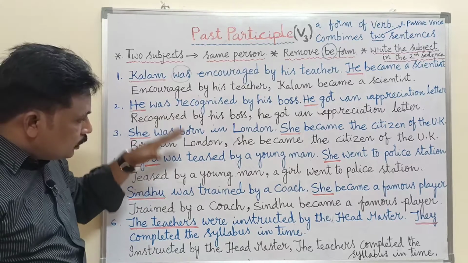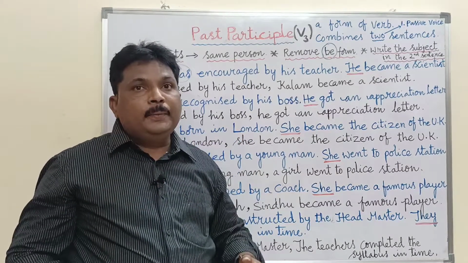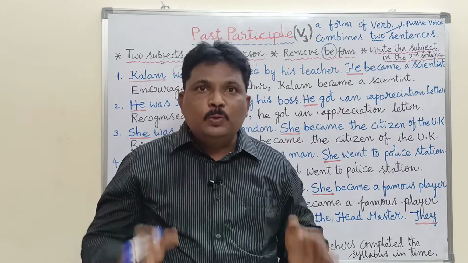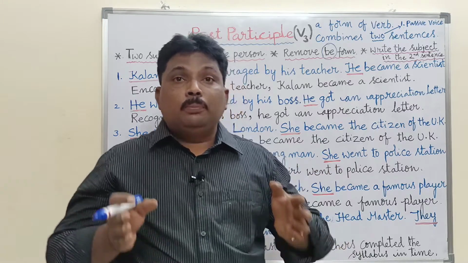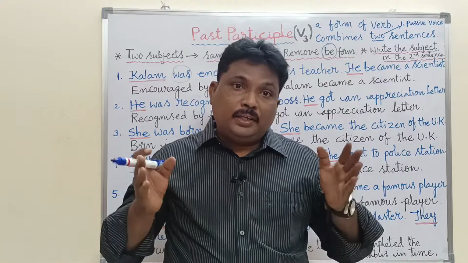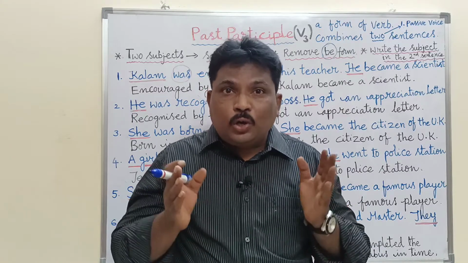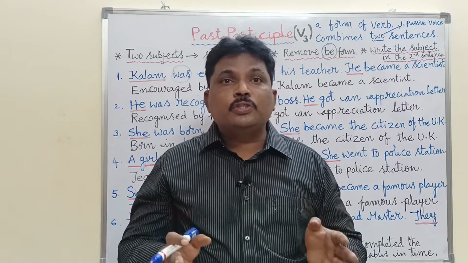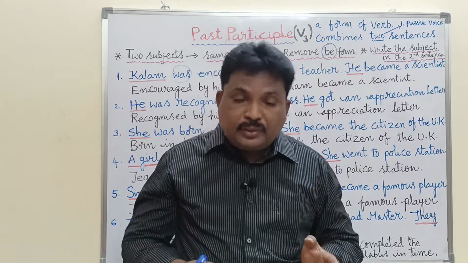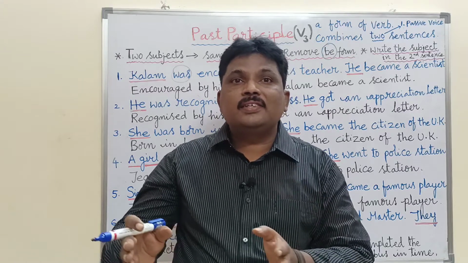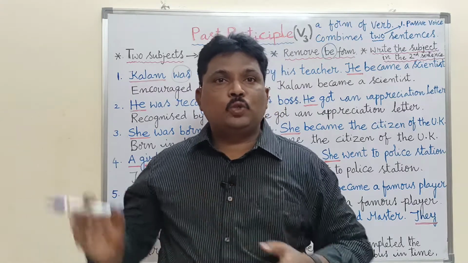So this is how we combine two independent sentences using past participle. In public examinations or in any test, whenever the students are asked to combine two sentences using past participle, definitely they will give one sentence in passive voice and another sentence in other than passive voice.